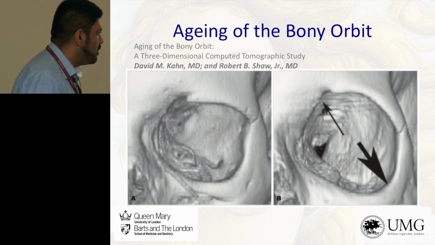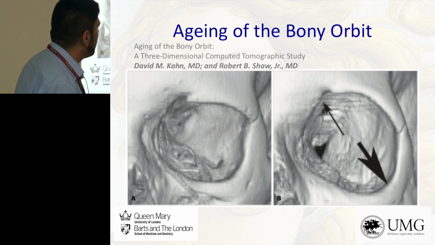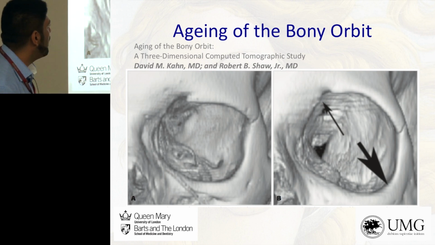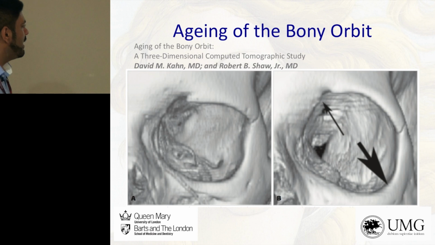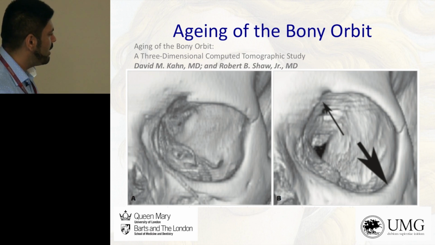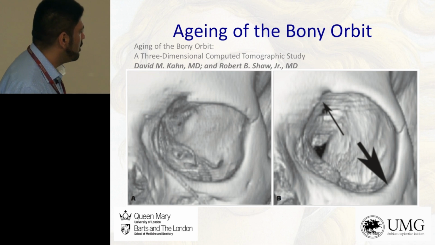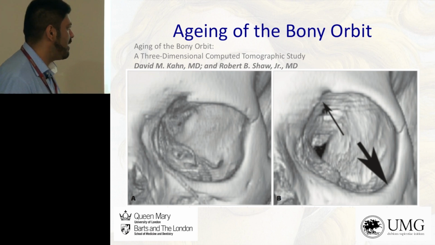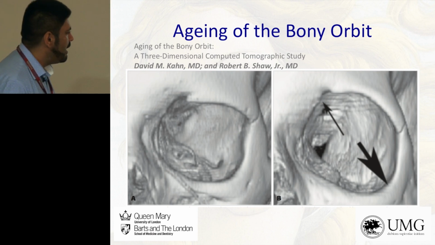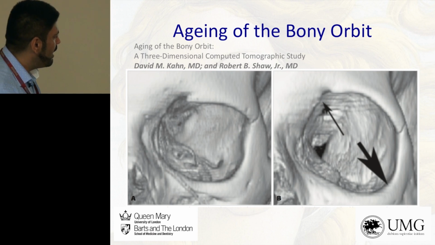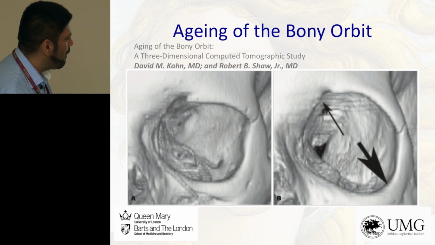Now, let's look at why that frame increases in size. So this is a paper from Shaw et al. And effectively, he was taking serial scans of patients and looking at bony remodeling over time by measuring height and width vectors of the bony orbit. And he found that with time, this is generally what happens to the orbit.